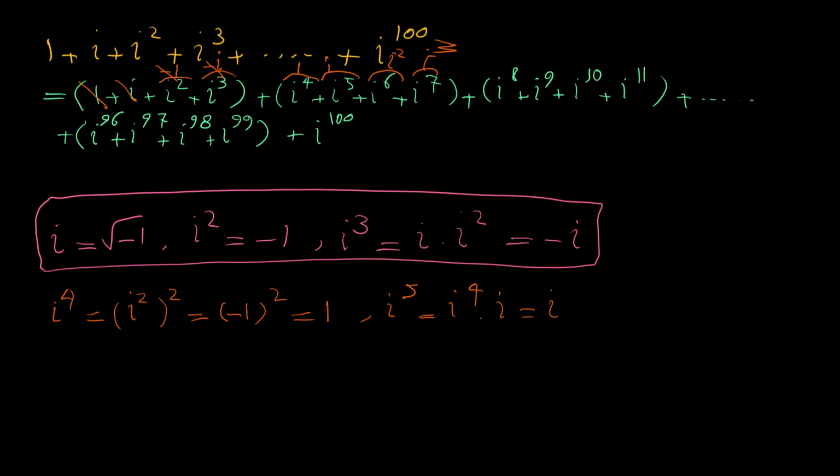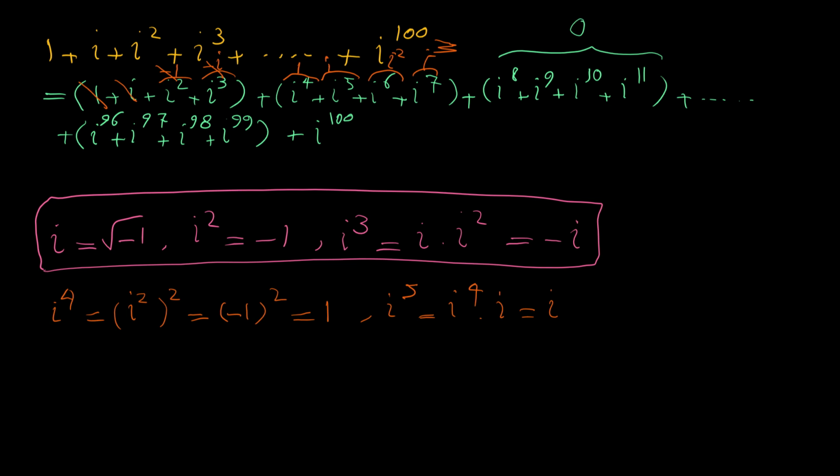So, look at this. What we have in the second bracket. The first term is 1. The next terms are i to the 2, i to the 3. But already we know that 1 plus i to the 2 plus i to the 3 is 0. So the sum of the terms in the second bracket is also 0. Probably you can guess that the sum of the terms in the third bracket is also 0.